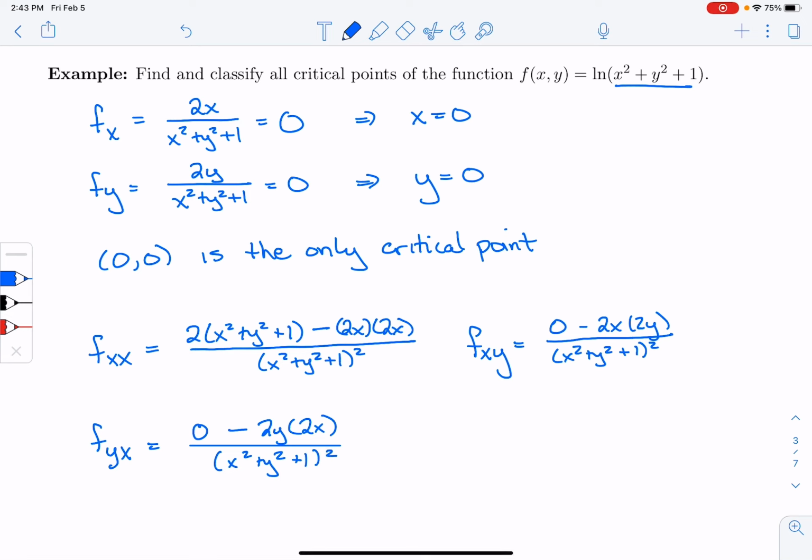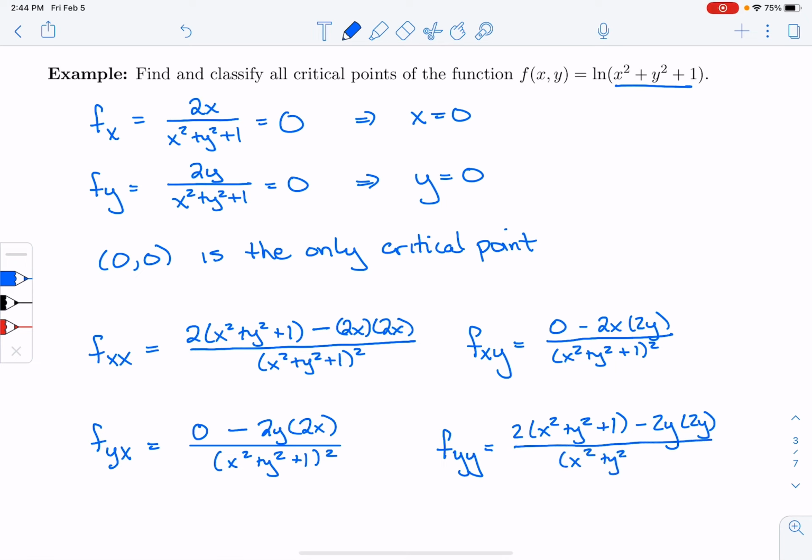And then finally, the y derivative of the y derivative, okay, that's going to be the derivative of 2y, which is 2, times x squared plus y squared plus 1, minus 2y, which is the numerator, and then the derivative of the denominator, again, with respect to y, is 2y. Okay, and divide that by x squared plus y squared plus 1 squared.